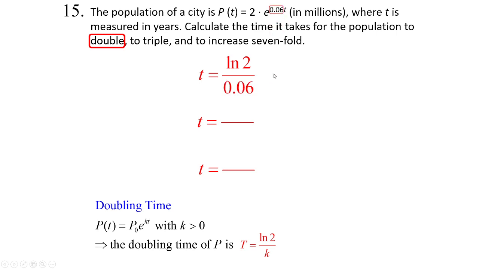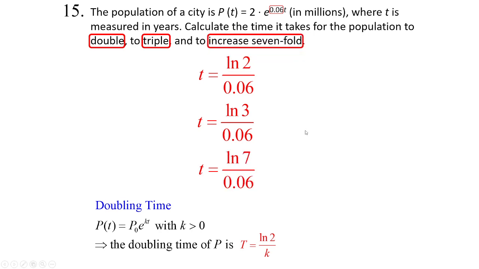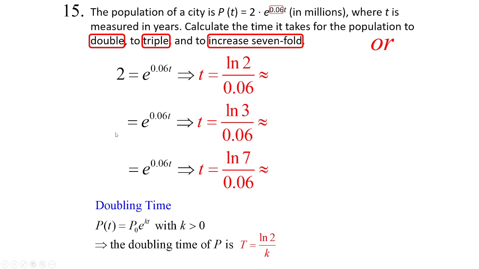You can leave it like that if you want. Triple is natural log of 3 over 0.06, and 7-fold is natural log of 7 over 0.06. And you could do those as decimals too by actually solving each of them by hand, which I'm not a big fan of, but you're going to get the same thing every time.